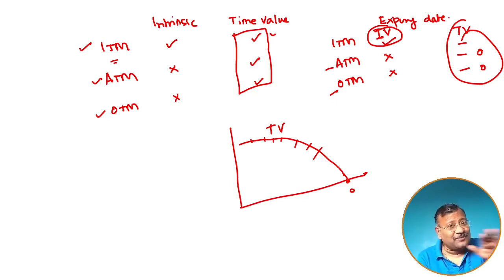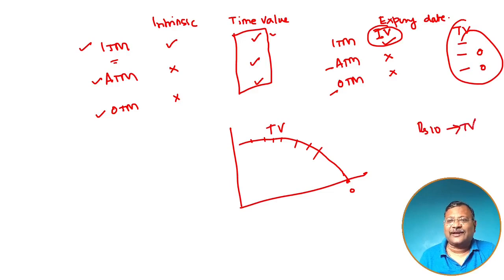But if the share price doesn't move at all, still you will make a loss, because the time value erosion will be there. Which means the time value is the worst enemy of the buyer and it is the best friend of the seller. Because remember, a seller who has sold an option, let us say at 10 rupees, and this purely consists of time value.